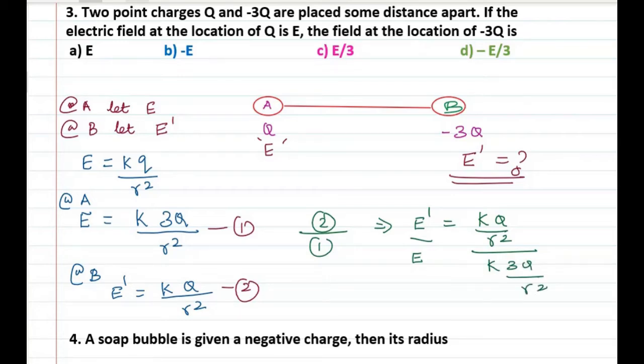Just cancel out the common terms. K gets cancelled, Q gets cancelled, R square gets cancelled. So E dash by E will be equal to 1 by 3. From this we can write E dash is equal to E by 3.